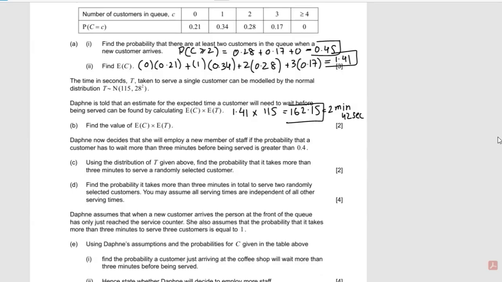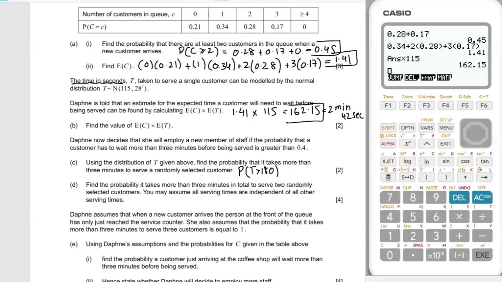Part C, using the distribution of T given above, find the probability that it takes more than 3 minutes to serve a randomly selected customer. So you have to be careful. This distribution is in seconds. So if they're saying more than 3 minutes, you will write more than 180, since 3 minutes is 180 seconds.